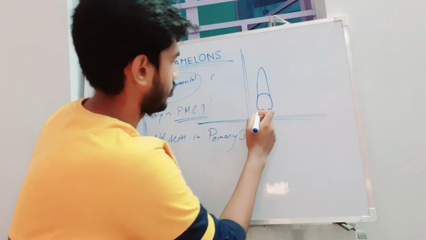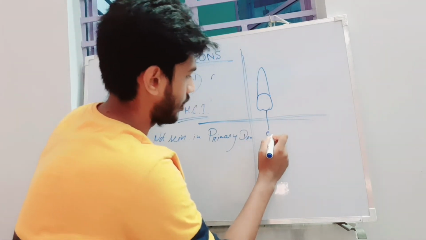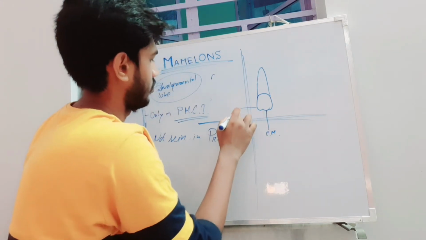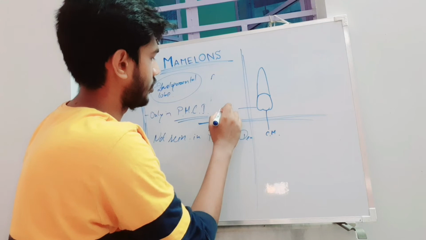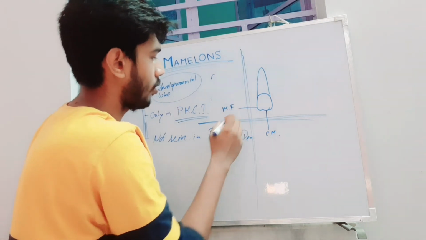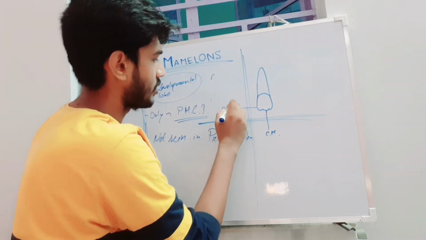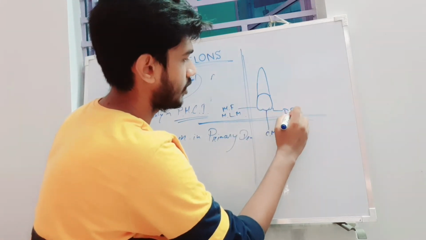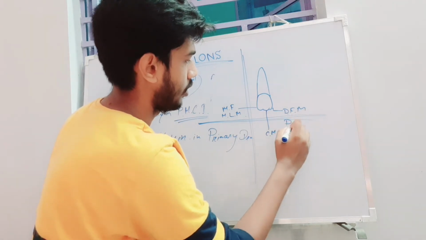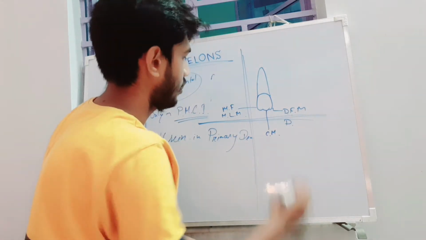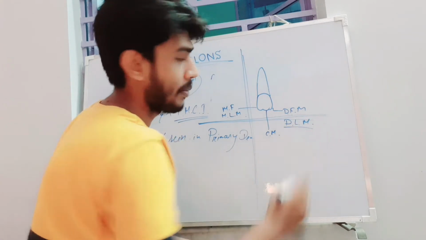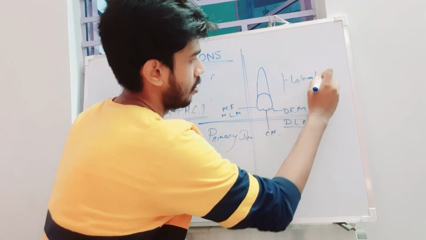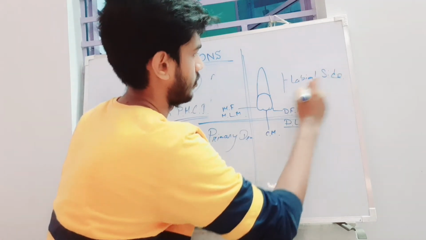This is the central mamelon. This is the mesiofacial or mesiolabial mamelon. This is the distofacial or distolabial mamelon, because mamelons are only seen on the labial side.